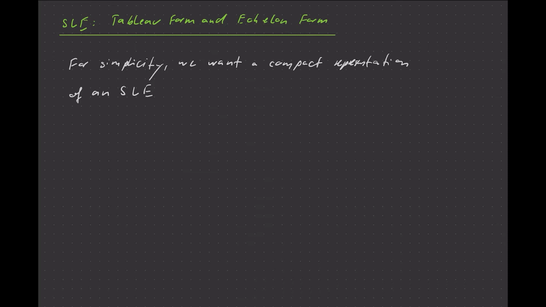It does not contain any unnecessary information, and that makes it easier to do computations, to do the manipulations that will be required later on for the solution of a system of linear equations. And this is the idea of Tableau Form.